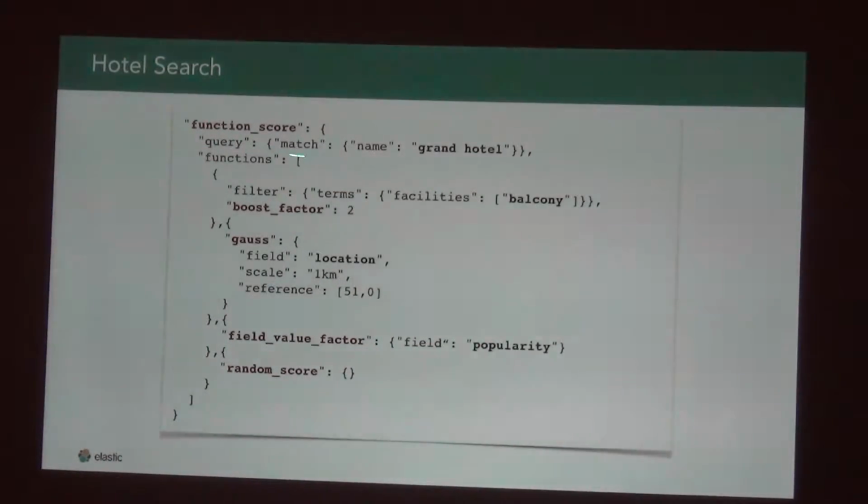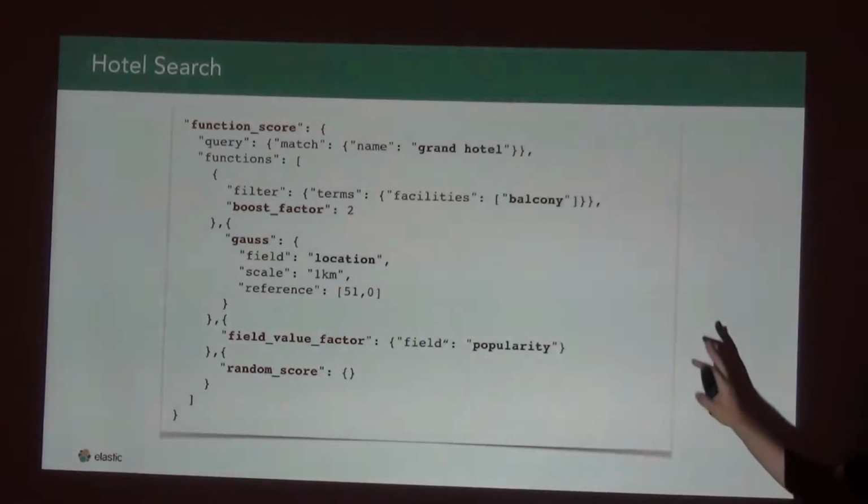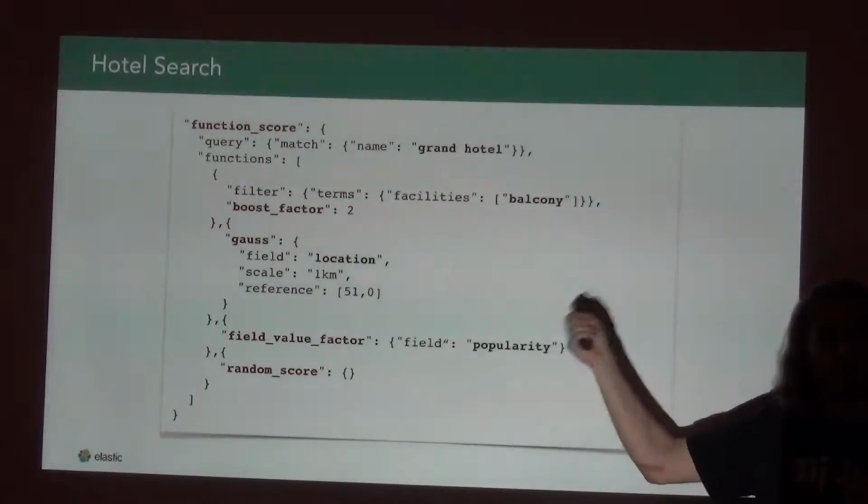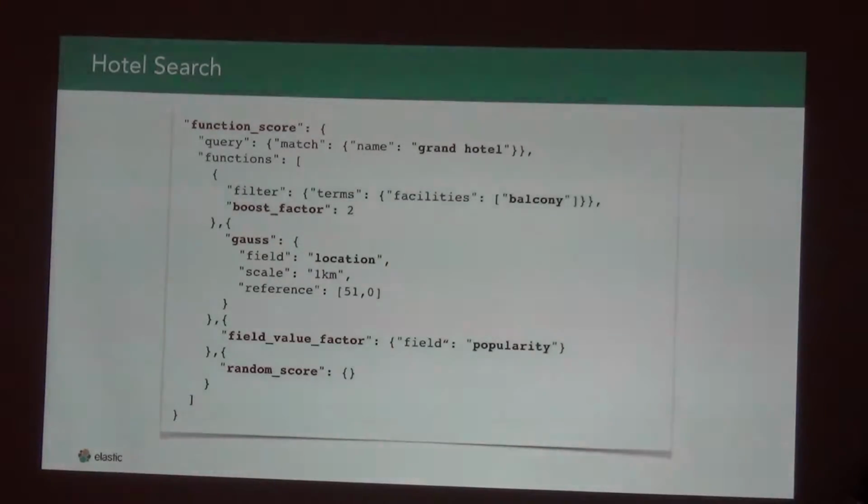Should I discard the score from this, or should I just combine it? Should I add them together? Should I multiply them? There's a lot of things that go into this. If I'm super OCD, I can just replace all of this and write a script that will do all this and calculate it exactly as I want.